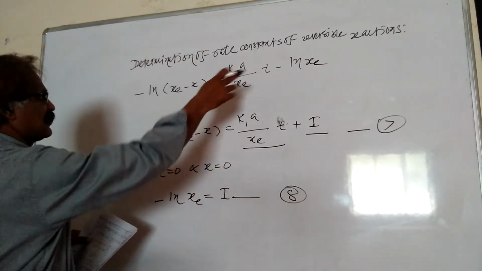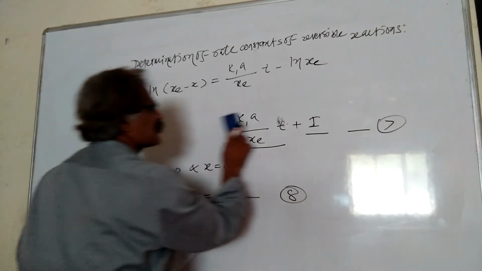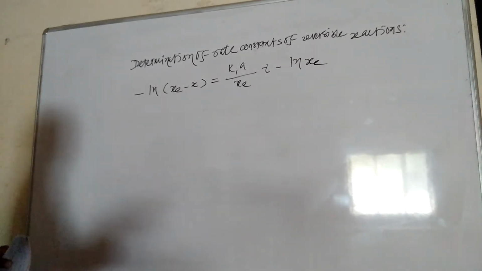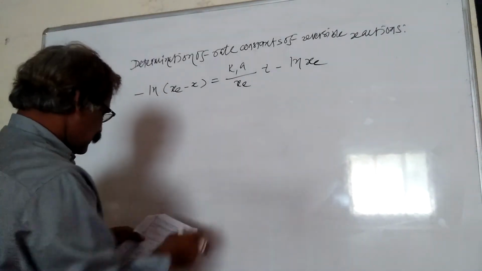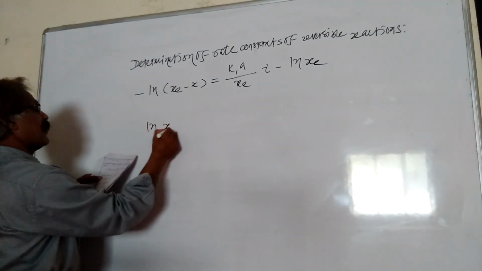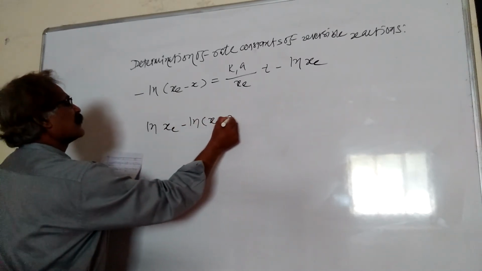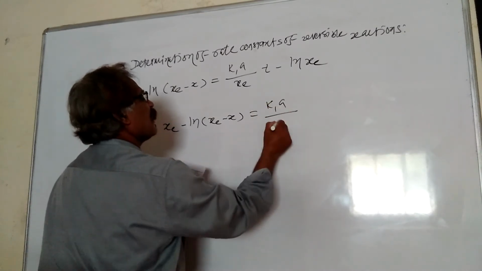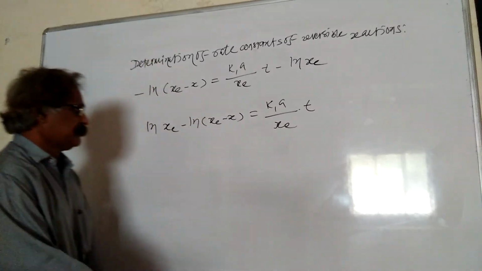Let us rearrange this expression. Taking terms involving logarithm on one side, we get natural logarithm of xe minus natural logarithm of xe minus x is equal to k1a upon xe into t.